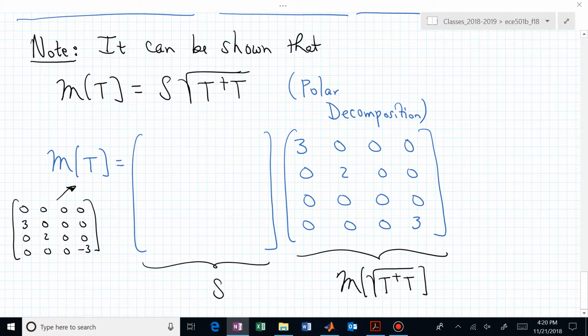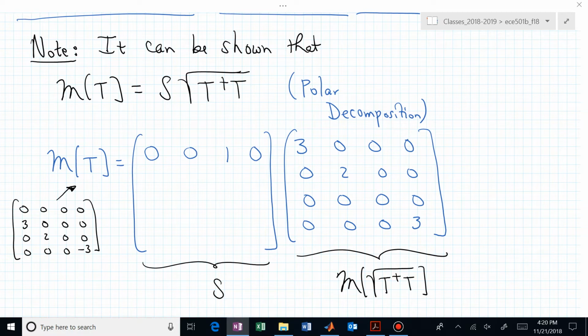We can generate an all zero row to form t by simply extracting the third row in this right side matrix, which is this positive matrix, square root of t dagger t.